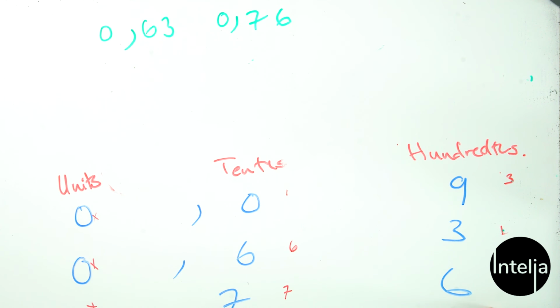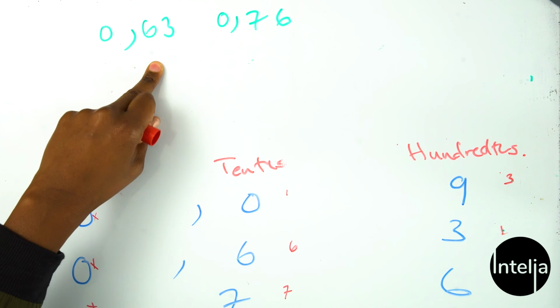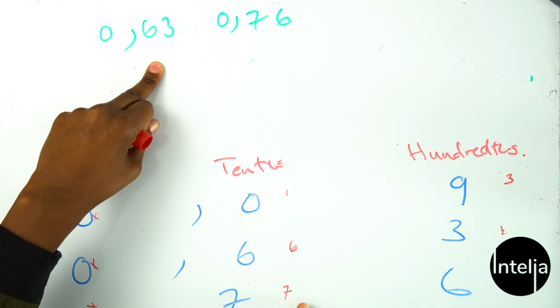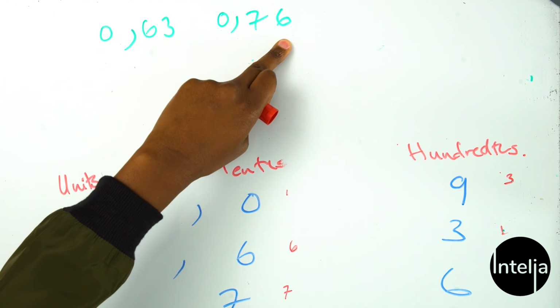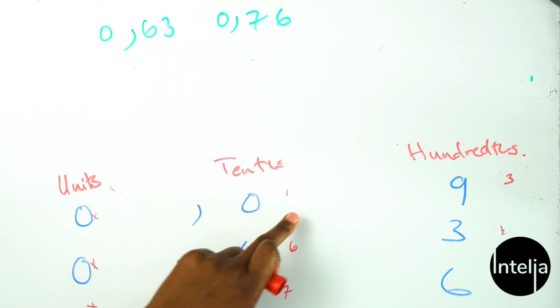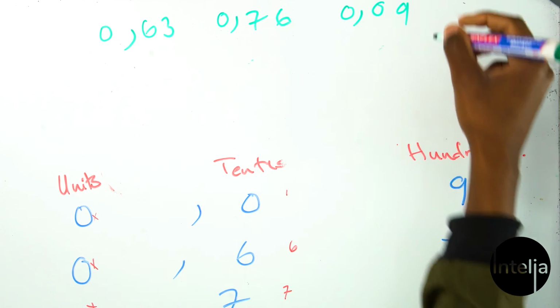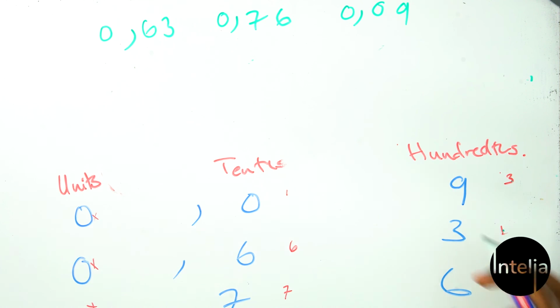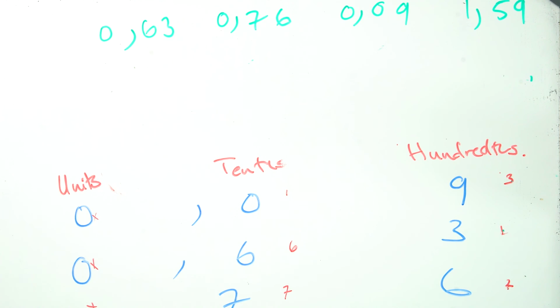Okay, the first one is 0.63, followed by 0.76, and then followed by 0.09, and then the last one is 1.59.